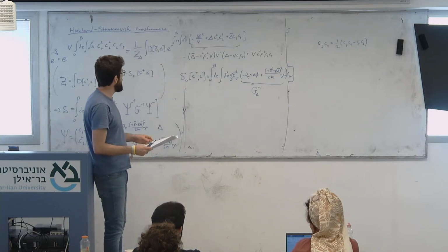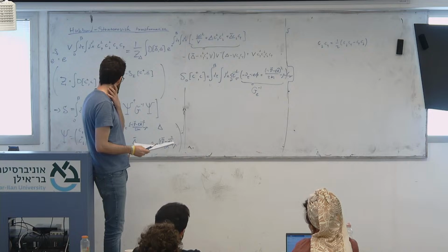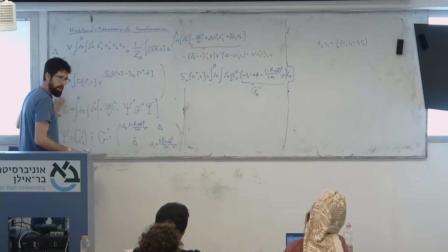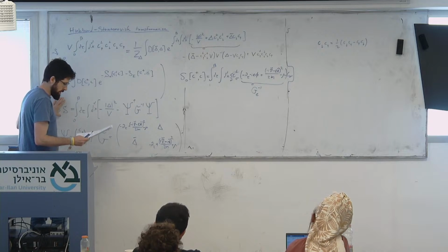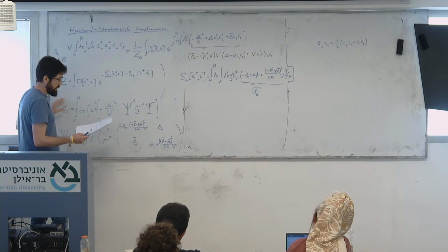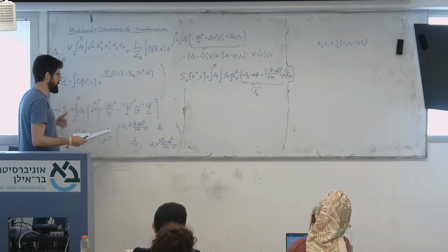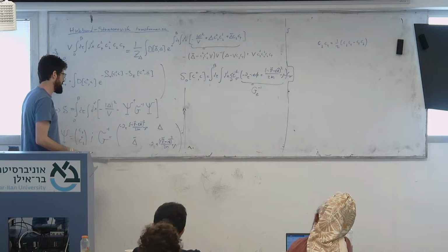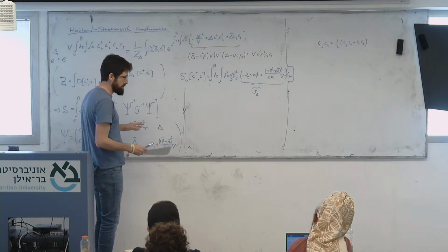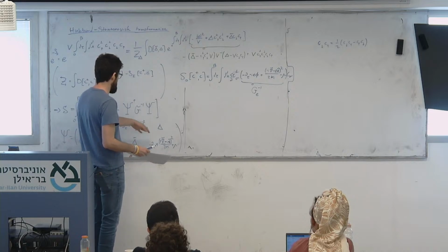Okay, so now the point is that we have this action, and what we can do is Fourier transform this, which is sometimes much more convenient.